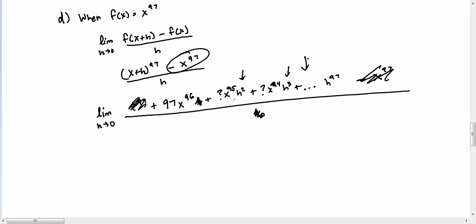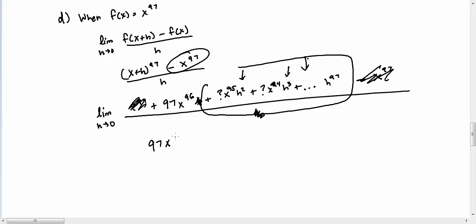So over here I have something times h, and over here something times h squared, and over here h to the 96th power. But why doesn't any of this matter to me? Because they're all going to die. And how are they going to die? Because h equals 0. So my answer is going to be 97 x to the 96th power.